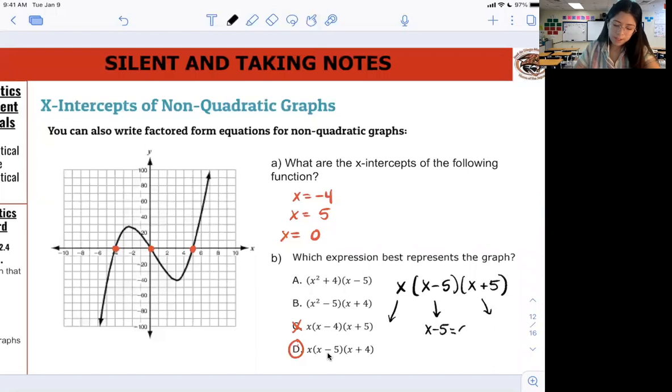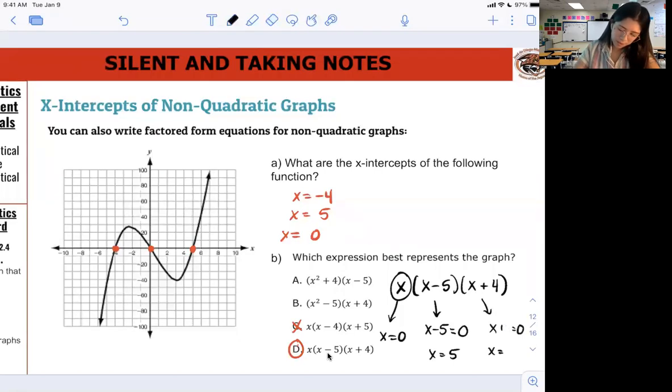We do that because technically we got to set them equal to 0. Well, this X right here, I can set it equal to 0 as well. And I just get X equals 0. So I end up with X equals 5, oh, I missed, that was supposed to be a 4. I'm sorry.